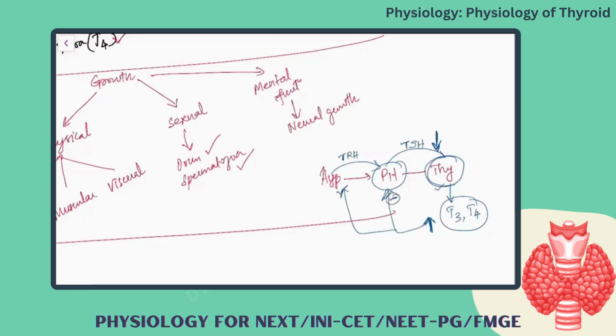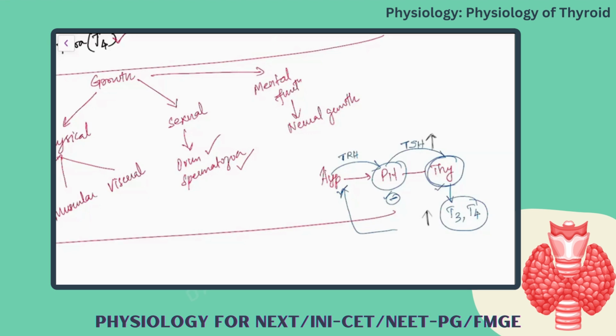If, for example, the person has T3, T4 excess and TSH is also excess, now where is the problem? At the level of the pituitary gland or at the level of the thyroid gland? At the level of the pituitary gland.